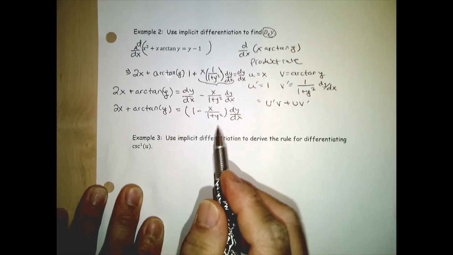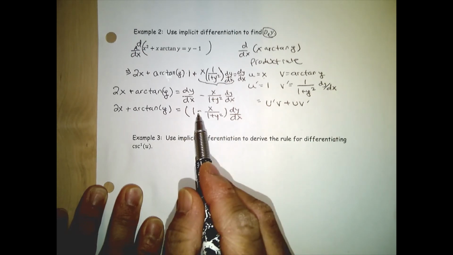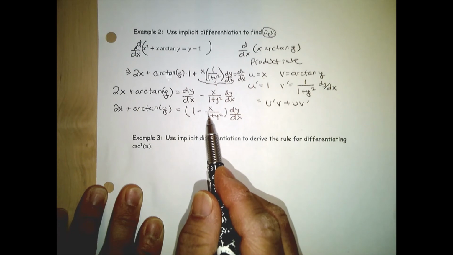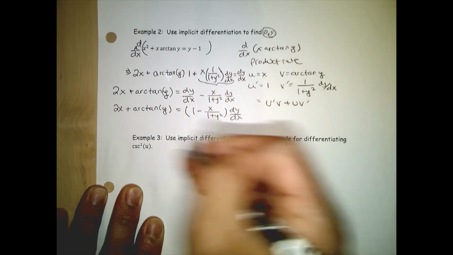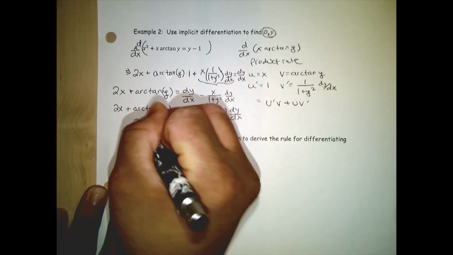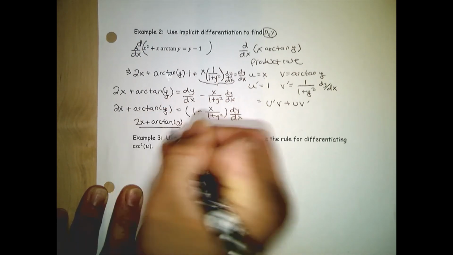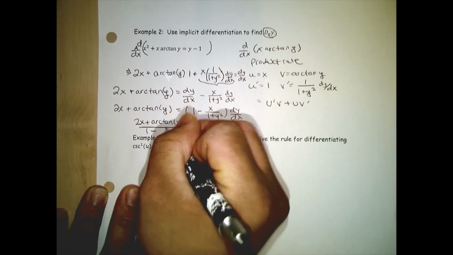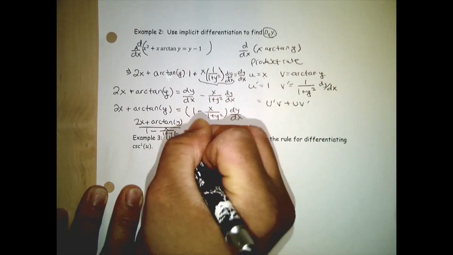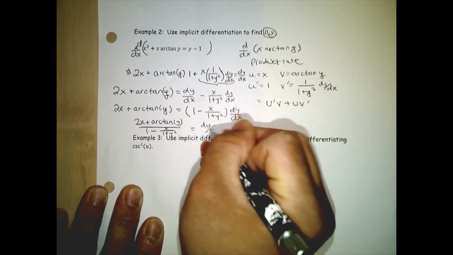And then I'll divide by 1 minus x over 1 plus y squared to get 2x plus arctangent of y all over 1 minus x over 1 plus y squared is dy dx.